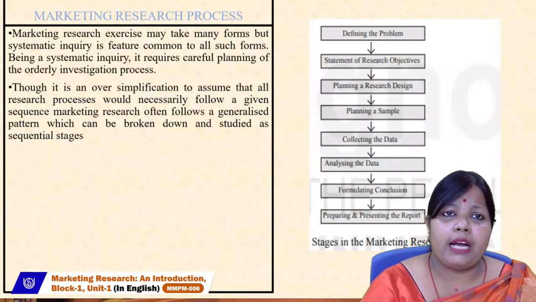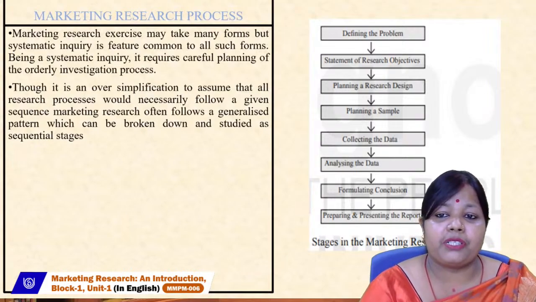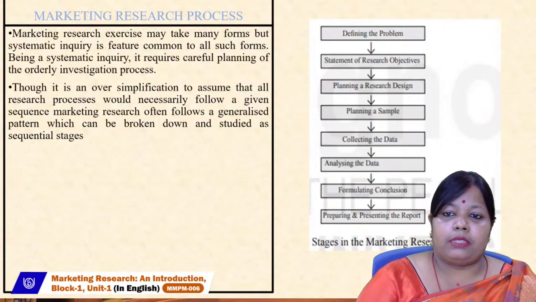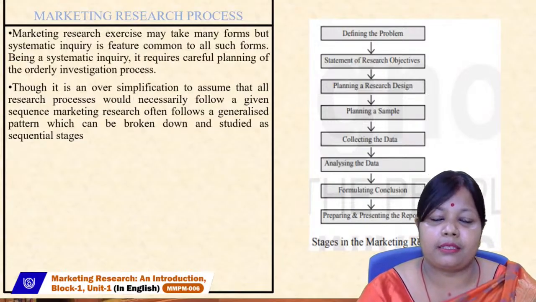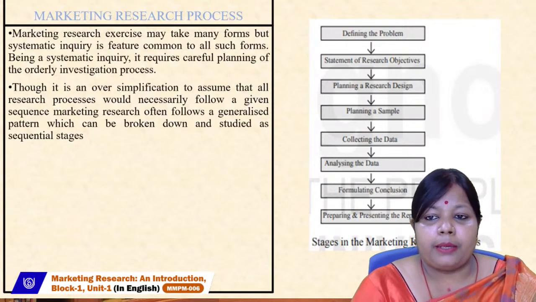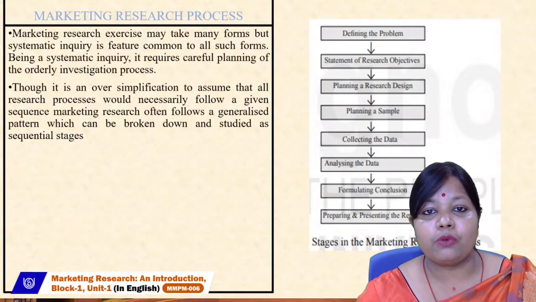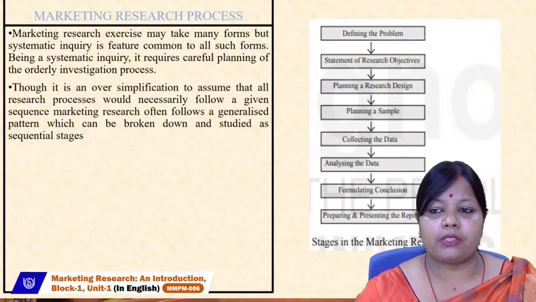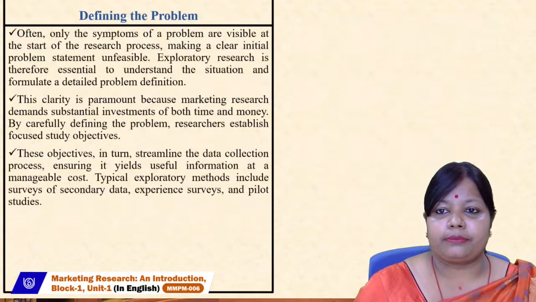But we have to thoroughly examine our research problem to see which type of sampling is required for the study. It is divided into two processes, probability sampling and non-probability sampling, which we'll discuss later. But the researcher should have an idea of which kind of sampling is going to be used for my research problem, so that it will lead me to the right conclusion.